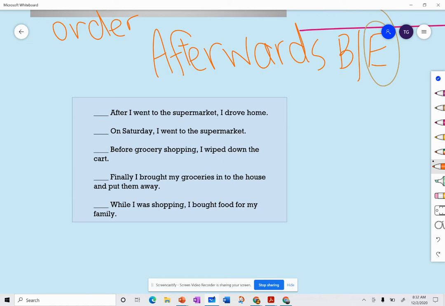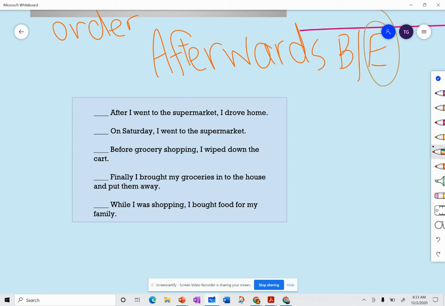And it says, after I went to the supermarket, I drove home. On Saturday, I went to the supermarket. Before grocery shopping, I wiped down the cart. Finally, I brought my groceries into the house and put them away. While I was shopping, I bought food for my family. Now, let's look at this.